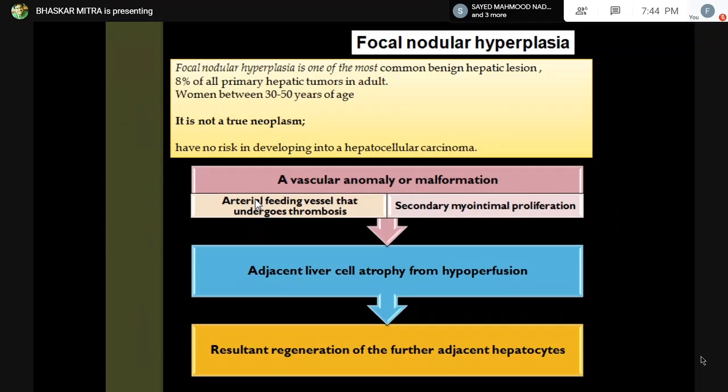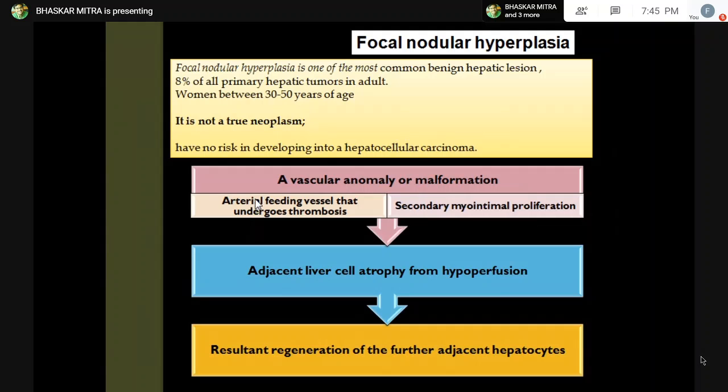Now how does this develop? The initiating factor is a vascular anomaly or malformation. Suppose there is one blood vessel that gets thrombosed, or damaged, or becomes anomalous due to developmental reasons, and the arterial feeding vessel that undergoes this becomes thrombosed.